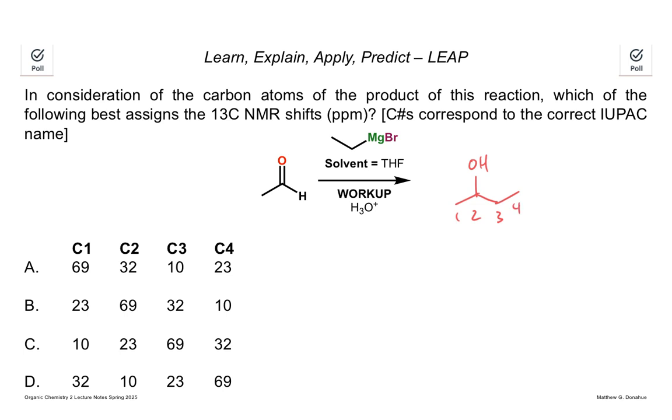Now, if you're looking to assign carbon chemical shifts, remember how carbon shifts away from 0 as you add heteroatoms? So the milestone here would be carbon 2 bearing the OH group.